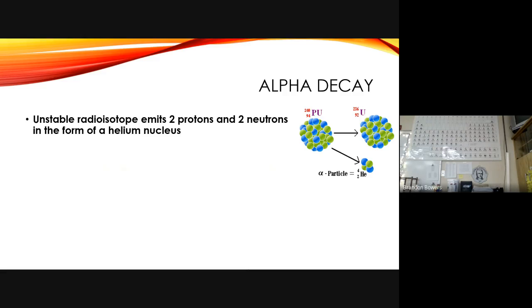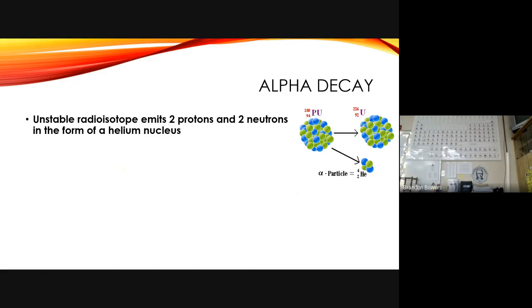So that cancels out. What's the opposite of adding 2? So let's subtract 2 on both sides. Here we go. 240 minus 4 is 236. 94 minus 2 is 92.